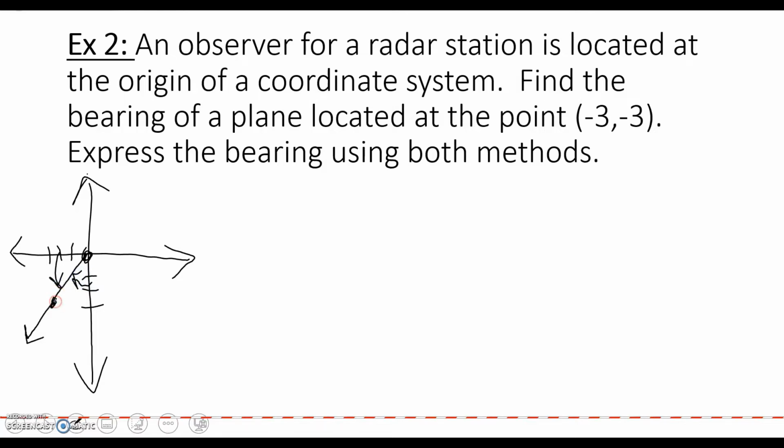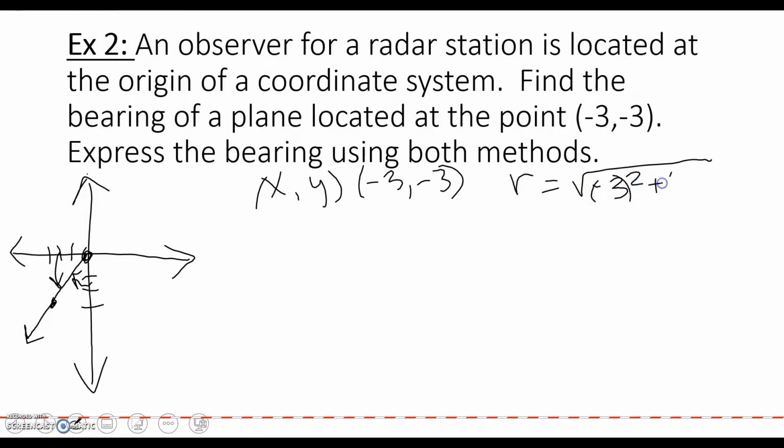So this takes us back to, we know that our X, Y is -3, -3. This takes us back to finding our R. That means the distance from the origin to that point where the plane is. So our R, remember, is equal to the square root of -3 squared plus -3 squared.